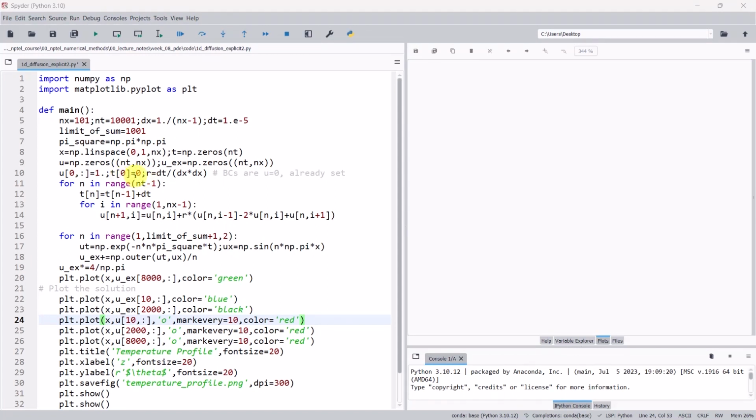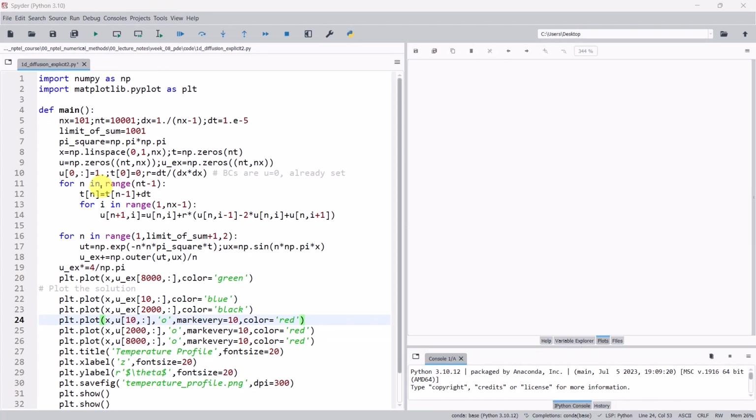I am storing all the data, all time levels and all spatial points. So the complete nt by nx array is being stored, and then there is uex, that is the exact solution, which is again another array of the same size. Now here u[0, :] means that at the initial time u is equal to 1.